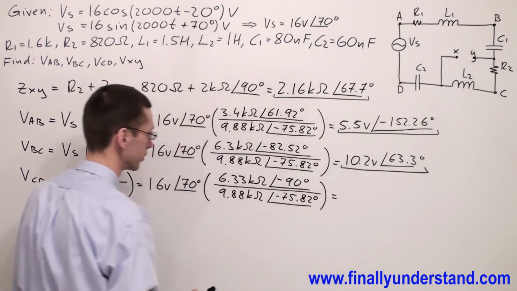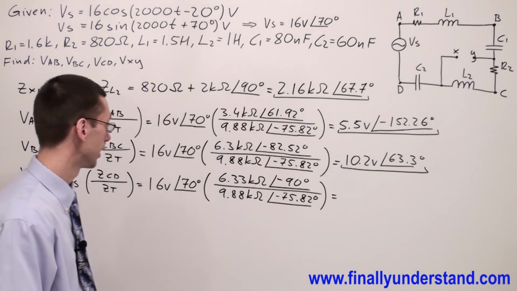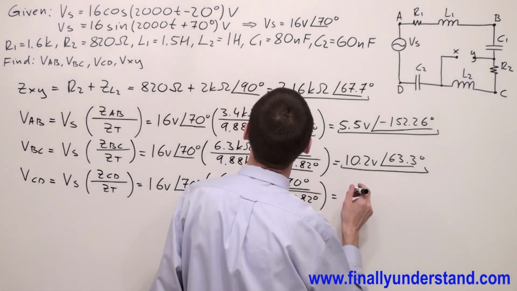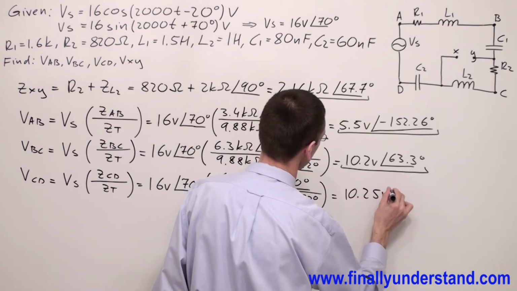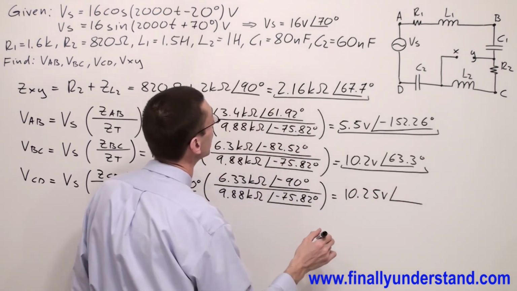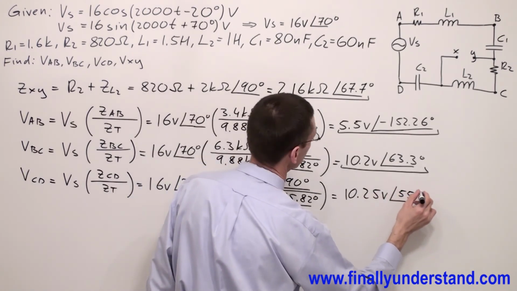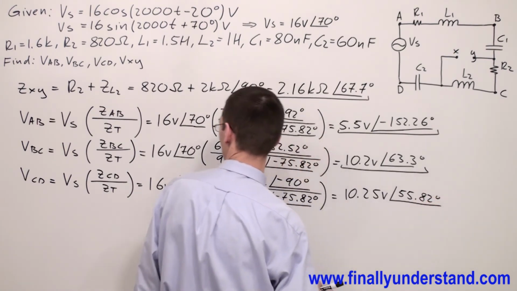Close parenthesis. Again, you're supposed to use the calculator, and VCD must be equal 10.25 volts and angle of 55.82 degrees.